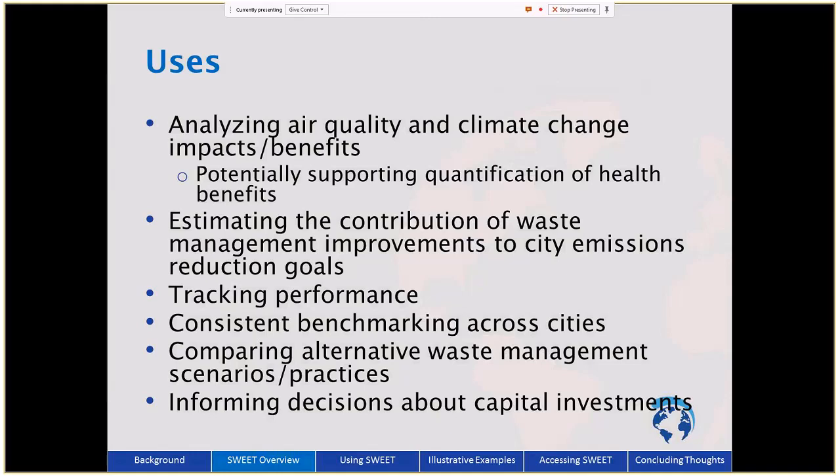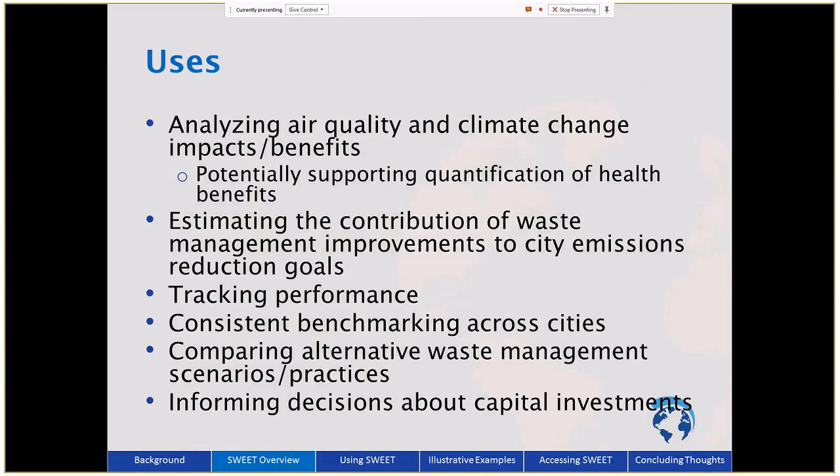The outputs from this tool can also be used to estimate the contribution of waste management improvements to city emissions reduction goals. So if your city has adopted a goal of reducing its CO2 equivalent emissions by 25% by 2025, for example, you could use this tool to determine how far you can get towards that goal by converting your dump site to a landfill and beginning to capture landfill gas.